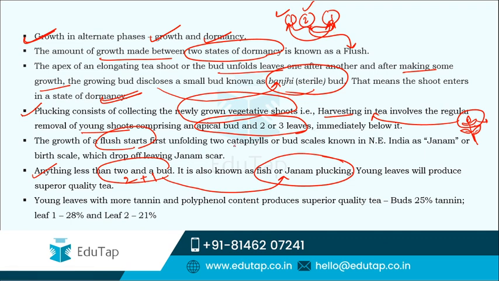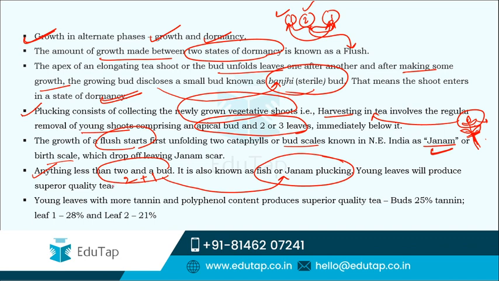So whenever the growth of a flush starts, there is an unfolding of bud scales, which generally in northeast India is called janam. They call it janam or bud scale, and immediately these leaves drop off, leaving a scar. Based on this janam scar only, the skiffing, tipping and plucking all depend. That's why this is a very important mark on the tea plant.